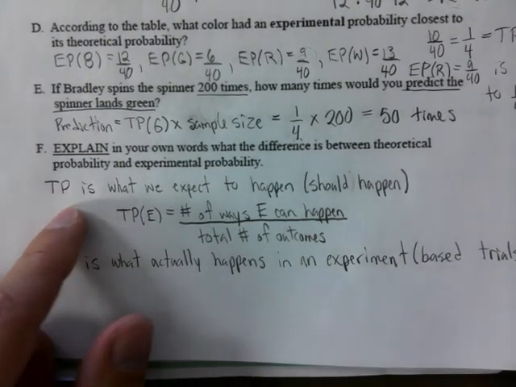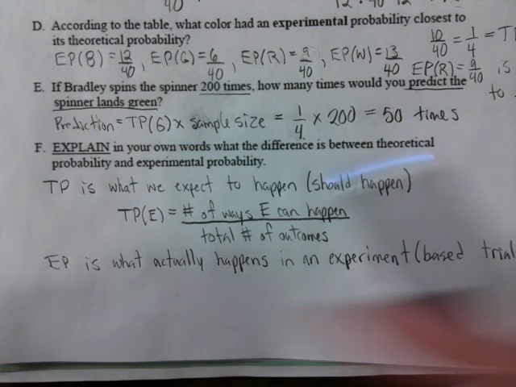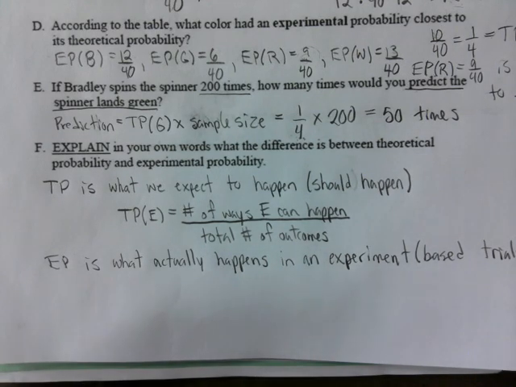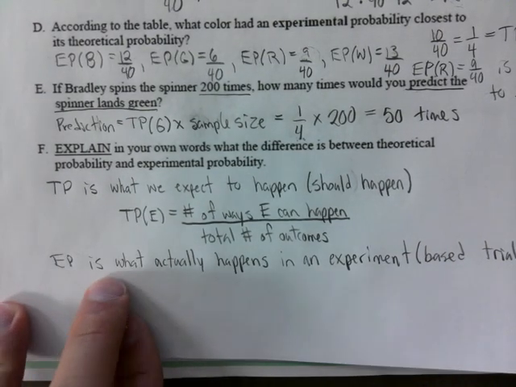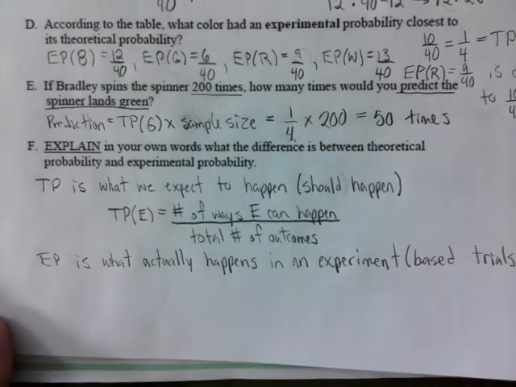Theoretical probability is what we expect to happen, but if we did an experiment and I actually flipped a coin twice and got heads both times, then the experimental probability of getting heads would be 100%, because both times I flipped the coin, it landed on heads. So experimental probability is what actually happens in an experiment, based on trials.